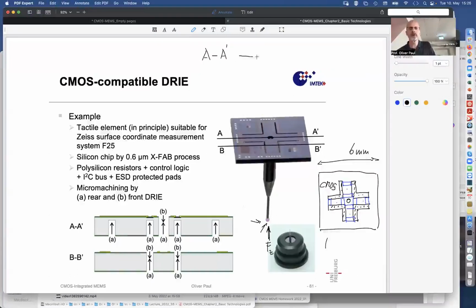So at the beginning, A was flat. And let's say here is the membrane. So I'm drawing the cross section along this area. I have solid silicon. Then I have here membrane. Then I have again solid silicon. I have again membrane.